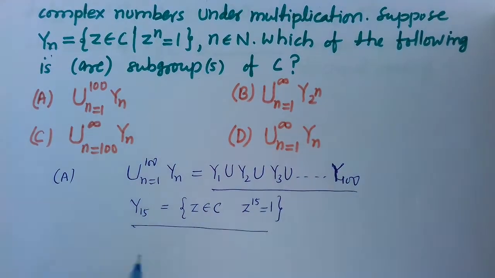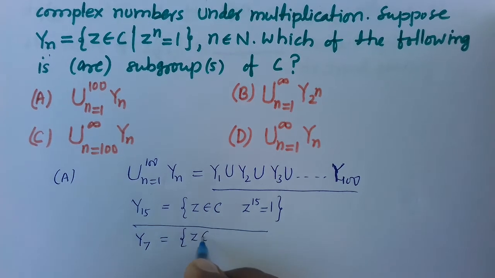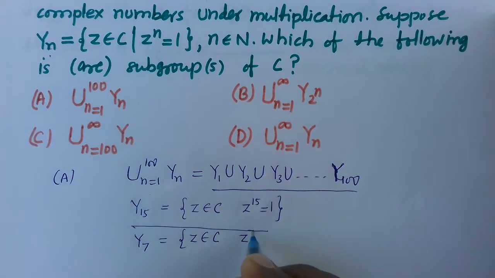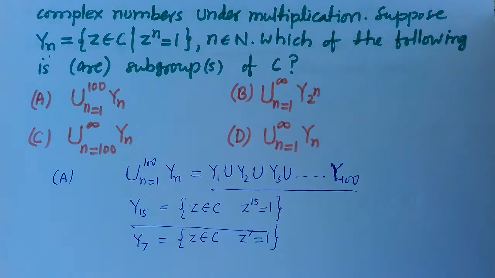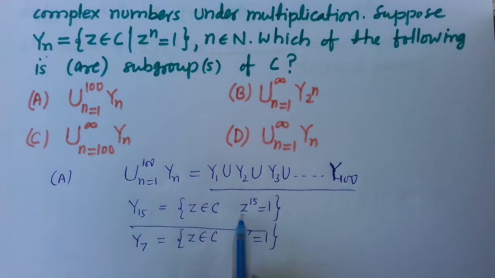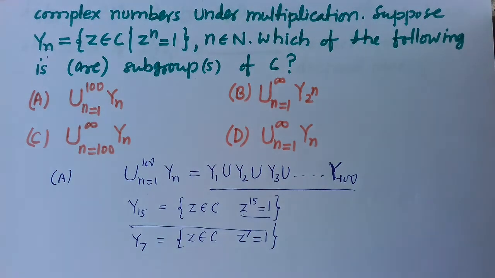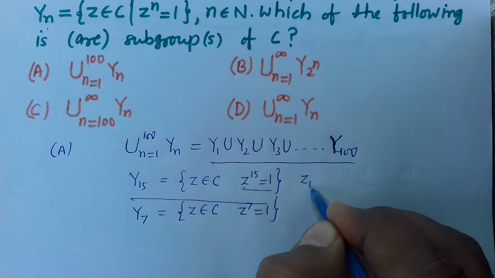Similarly, Y7 will be z belonging to complex numbers, z to the power 7 equals 1. Now, since z belongs to the complex numbers, the solution of this equation will have 15 roots, and this will contain 7 roots.